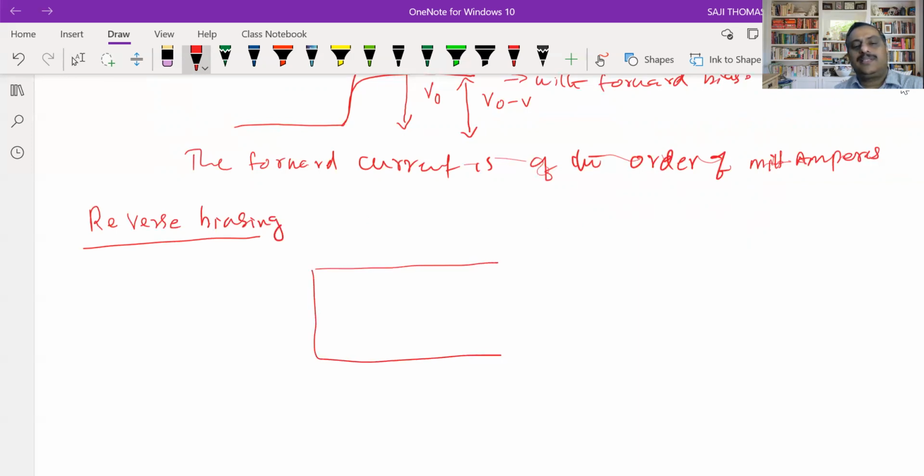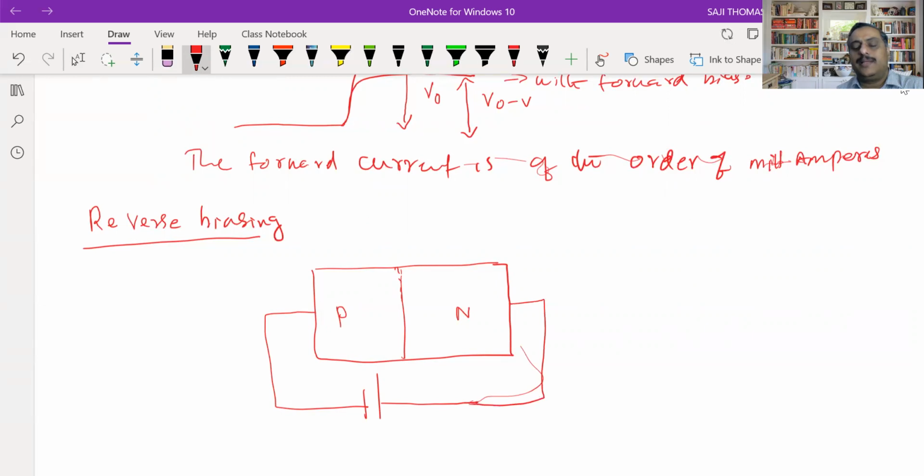See, this is the PN junction diode. PN junction here. P section, N section. The P section is connected to the negative terminal, and the N section is connected to the positive terminal of the battery.